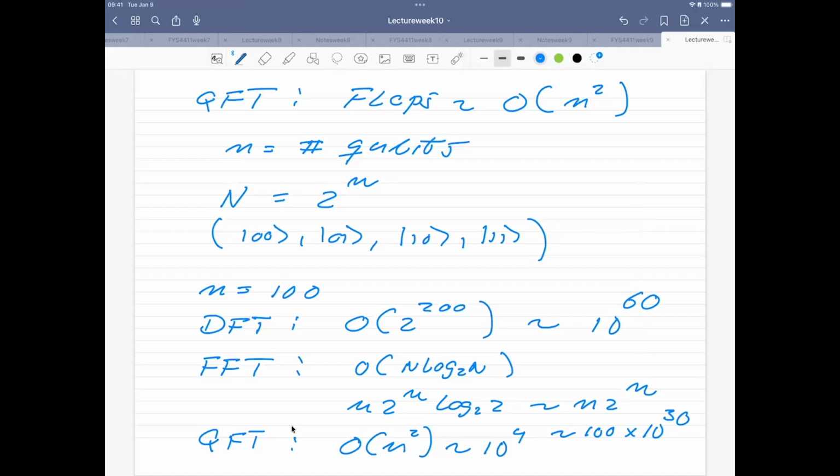So you would need something like 10 to the 15th seconds to run that operation. So even with today's machines, you would need roughly 10 to the 15 seconds. And you should compare that to the lifetime of the universe, which is estimated at 10 to the 17th seconds.